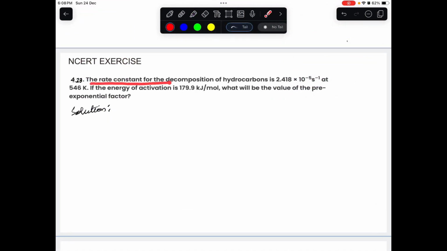The rate constant for the decomposition of a hydrocarbon is given at 546 Kelvin, and they have given the value of energy of activation also, and we have to find out the value of the pre-exponential factor. First we will write down what information they have given to us. The rate constant is 2.418 into 10 raised to the power minus 5 per second, and the energy of activation is 179.9 kilojoules per mole.